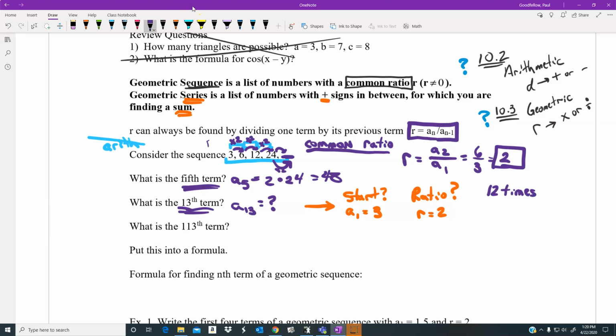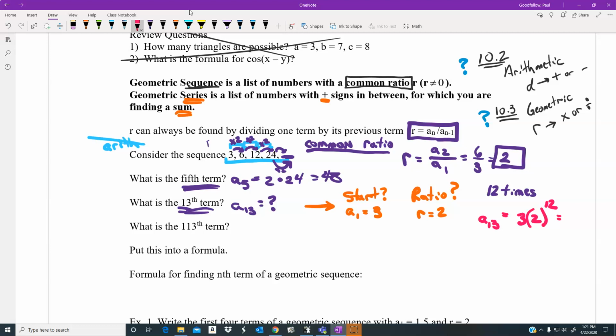Now, if I had these pieces of information, I might be able to write a formula that would help me find the 13th term. That 13th term, or a sub 13, has something to do with it starting at 3, and then it gets multiplied by the common ratio, which would give you the next term, which is 6, but you're going to apply the common ratio 12 times.